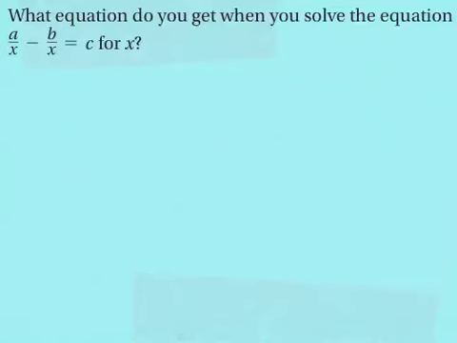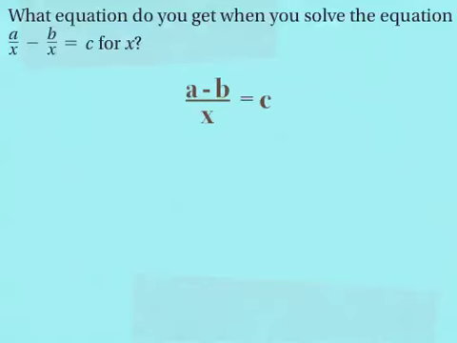Remember when you're subtracting fractions and you have the same denominator, which in this case I do, the denominator in both of these fractions is x, I just subtract the numerators. So I can rewrite this problem as a minus b, subtracting the numerators, over x, since both denominators were x, equals c. Now I need to solve for x, which means I need to get it by itself.